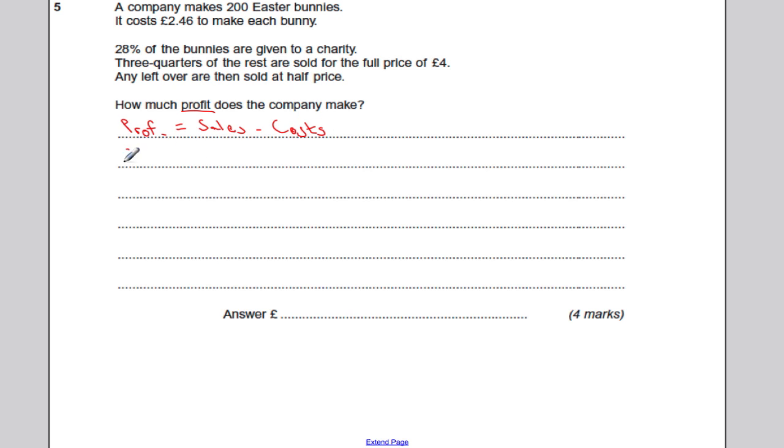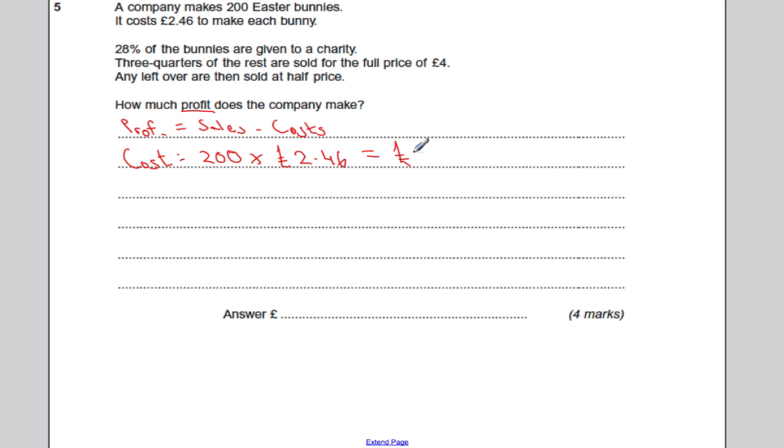So let's start by working out the cost. The cost in this case is going to be 200, because we're making 200 bunnies, multiplied by 2.46. So doing that on a calculator, 2.46 by 200 gives us £492.